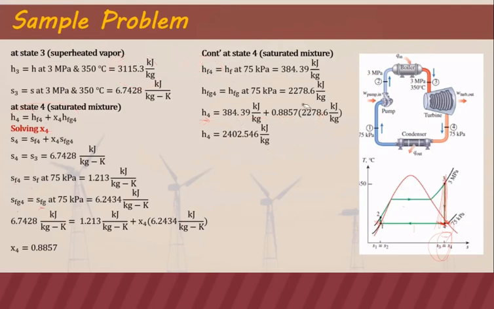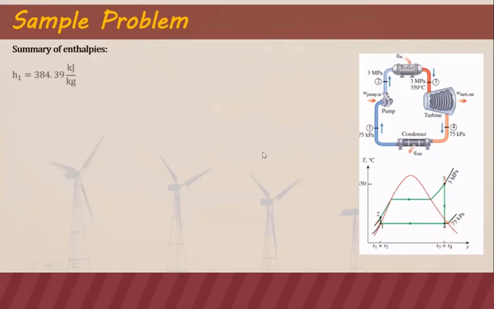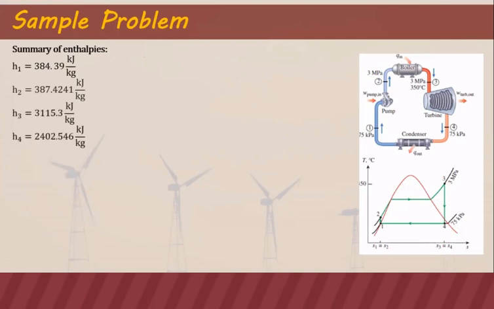So now, we already obtained all the enthalpies. So the summary of enthalpy values from our calculation, both in the table and in our mathematical computation, we have H1, H2, H3, and H4. These are the enthalpies that we will need in computing the other unknowns.